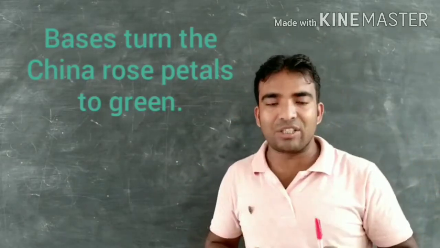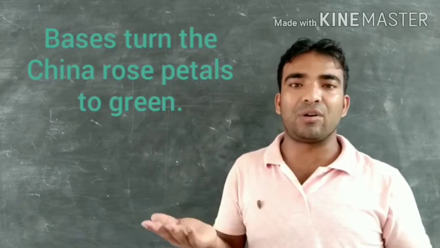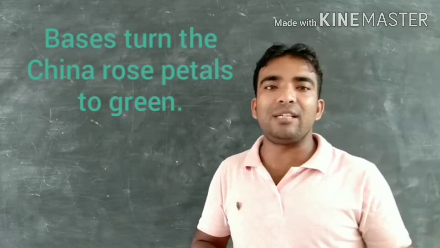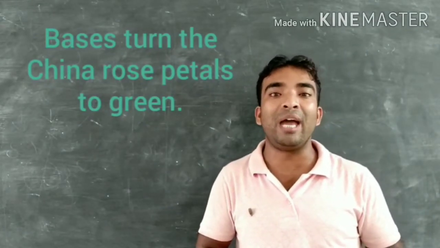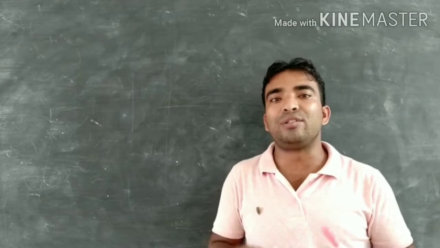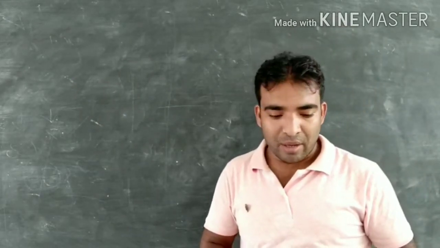So by looking at these color changes, we can understand whether the given substance is acidic or basic in nature. And if there is no color change, we can say that maybe it is a neutral solution, that is, there is no acid or no base.